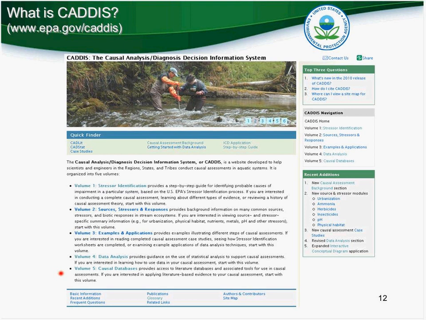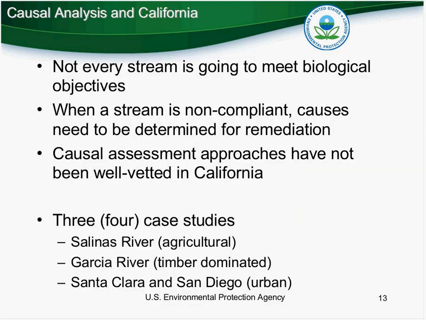So not quite one-stop shopping for doing causal assessment, but it's pretty close to that. And under basic information, here it is, the assessment background. That's where you would go if you wanted to get a history on how people think about establishing causation. That's the chat I was talking about earlier today.